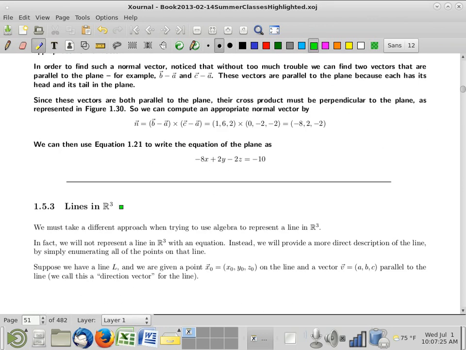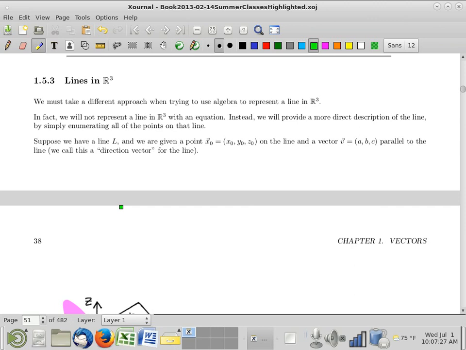Okay, so we've talked about lines in R2, planes in R3. Now we're going to do something dimensionally a little bit unanalogous: lines in R3. So previously, line in R2, plane in R3, the things we were describing were one dimension less than the world that we were living in.